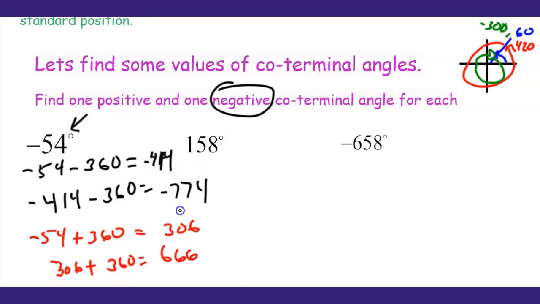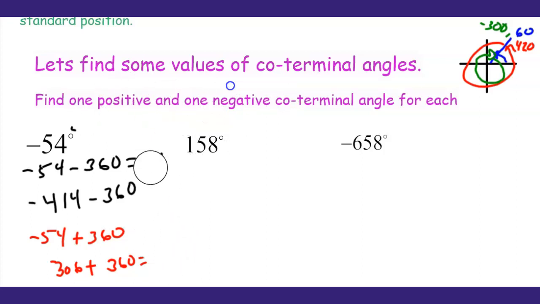These are negative coterminal angles. These are positive coterminal angles. And it's simple. Those are negative, so they're negative coterminal angles. These are positive, so they're positive coterminal angles. Make sense? So let's try another example.